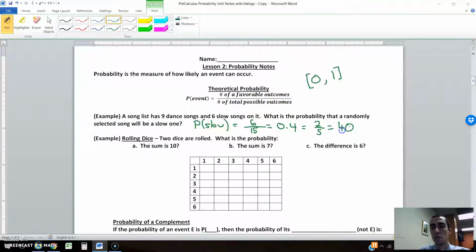And 2/5 is 40%. So we've got these 3 ways. In general, putting the fraction in simplest form is a good way to do it, unless you can find an exact decimal. And so if you can find an exact decimal, then that's probably preferable. But if you can't, then just leaving in fraction form is fine.